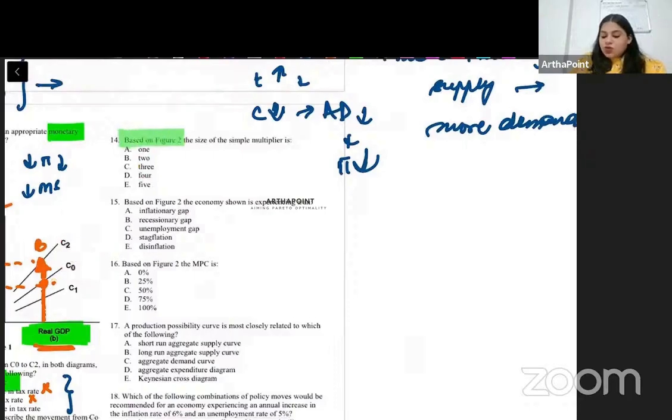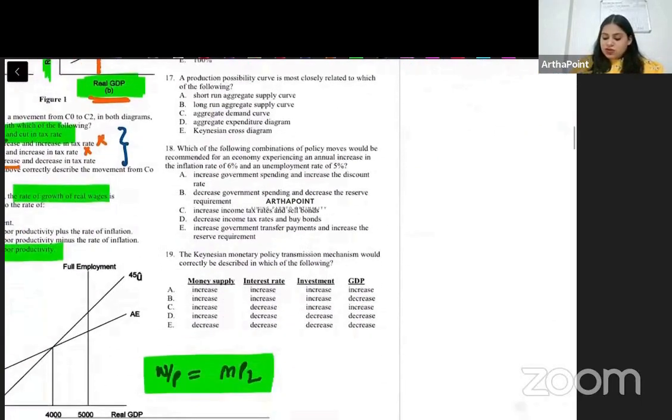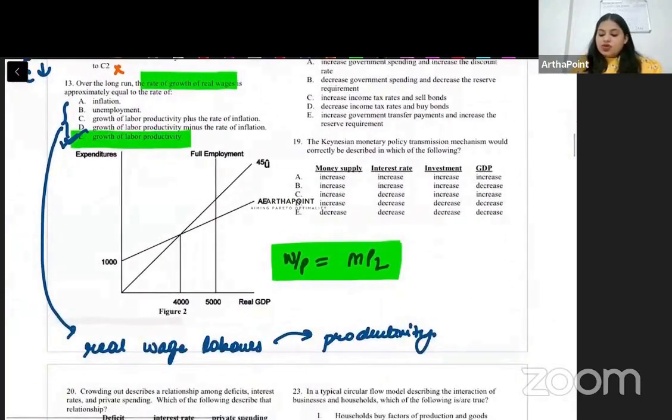Based on figure 2, the size of the simple multiplier is, okay, let's go to this diagram. If we notice, my GDP is going from 4,000 to 5,000.